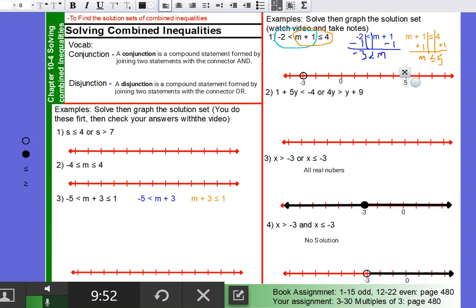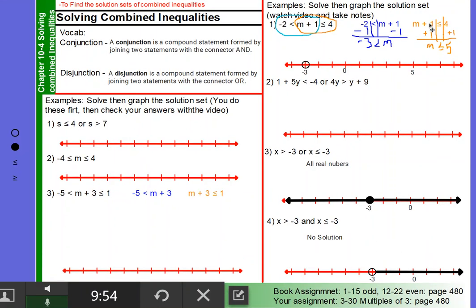All right, so then now let's take a look at this statement here. So we have m is less than or equal to 5. Well, since this could also be equal to, that's going to require us to use a closed dot. So I'm going to grab my closed dot, put it right on 5. And so now let's look at the directions of our arrows. -3 is less than m. So that means m has to be greater than -3.